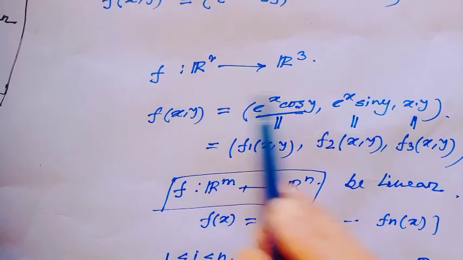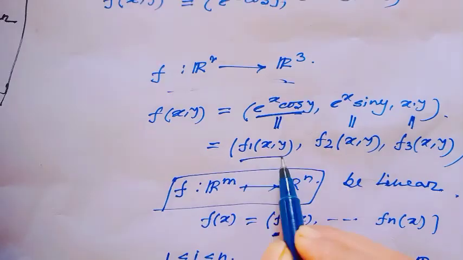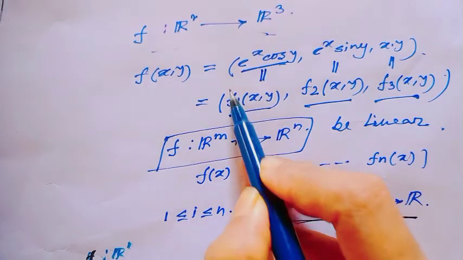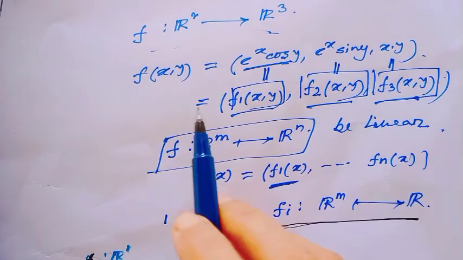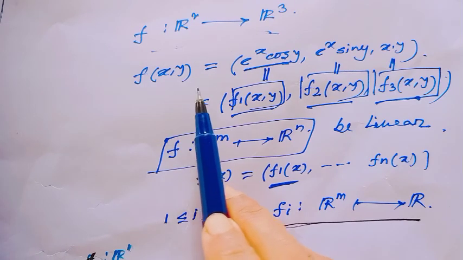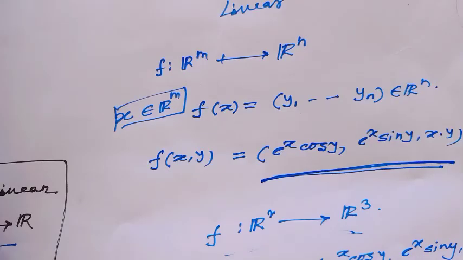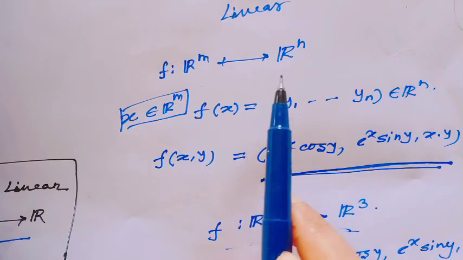That means for this function, we have to check each component, and check it yourself. Here, each component is not linear. So obviously, our main function, f of (x, y), is not a linear function. This is one method to check linearity of a function defined from Rm to Rn.